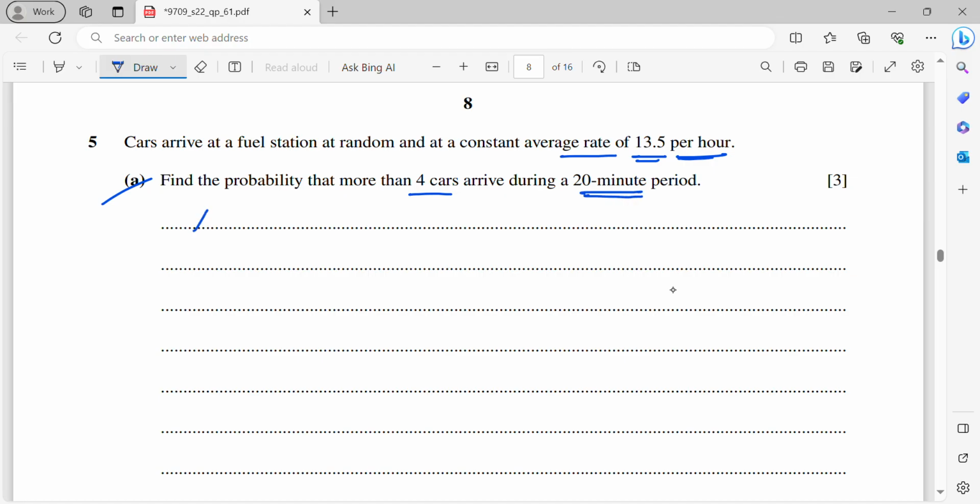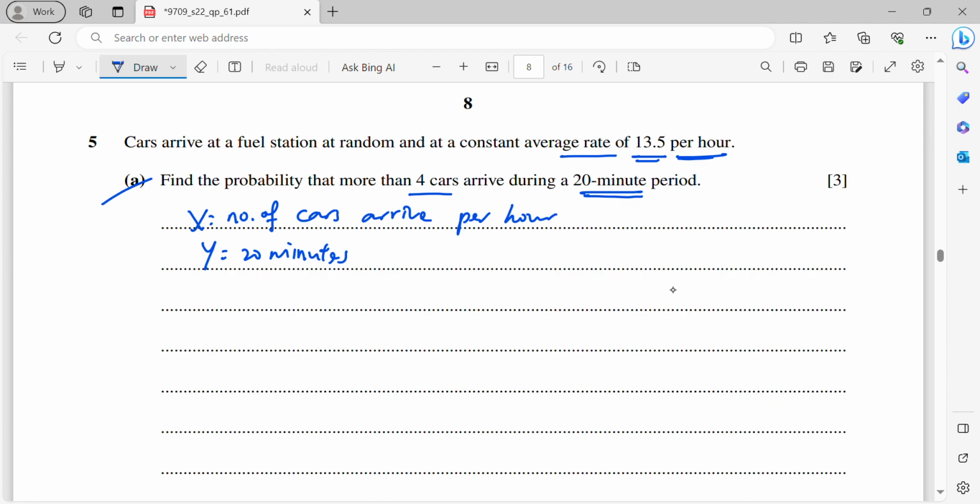So now my X is the number of cars arriving per hour. Then my Y is 20 minutes. We know that 1 hour has 60 minutes.